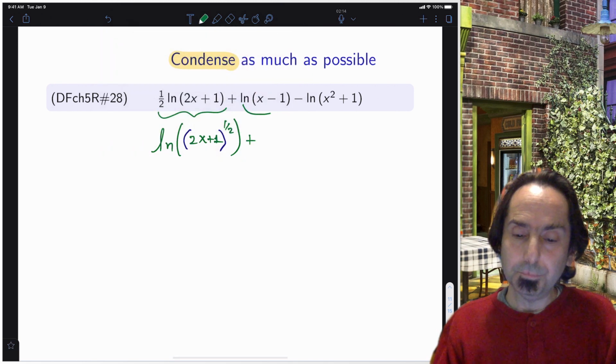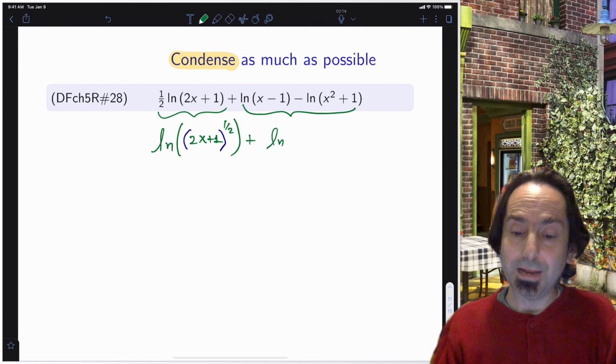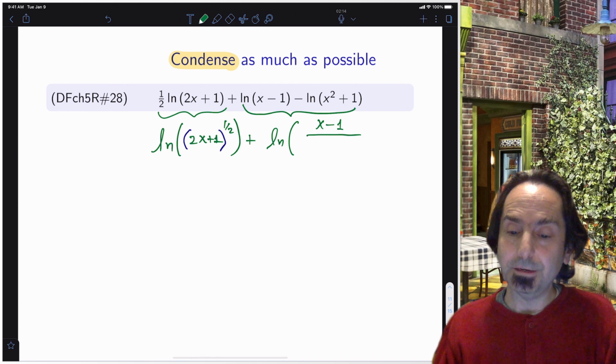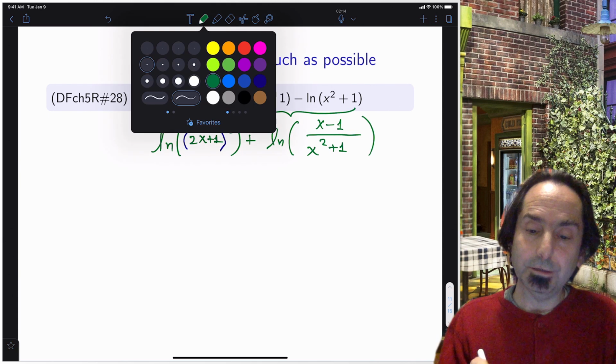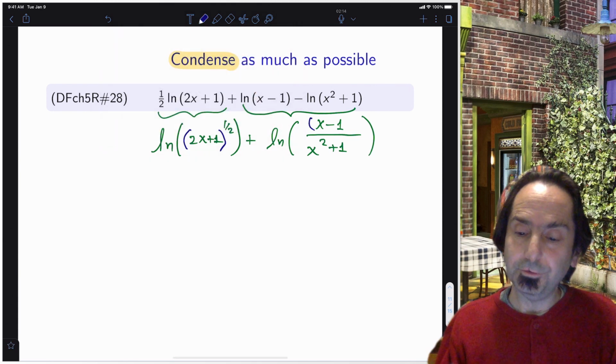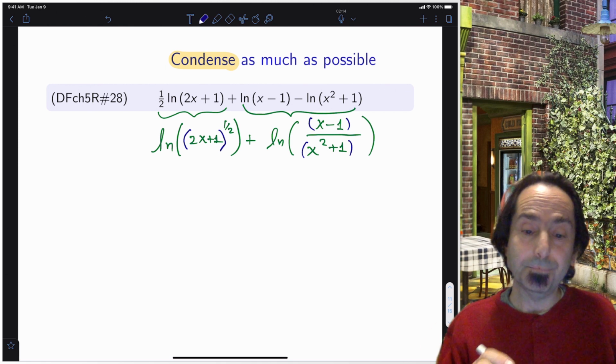And let's put these together with the quotient rule. This is the natural log of x minus 1 divided by x squared plus 1. And just to make it explicit, I'm going to put parentheses around those because those are grouped together.